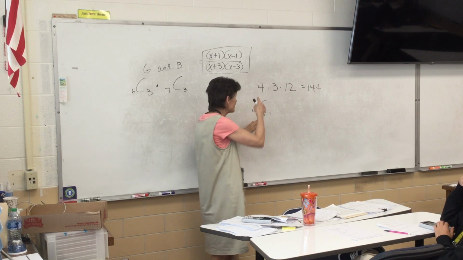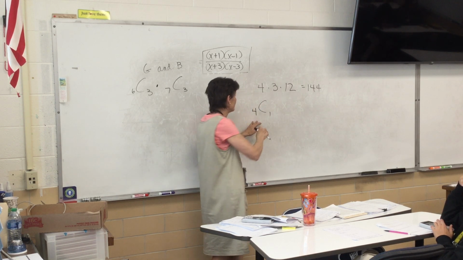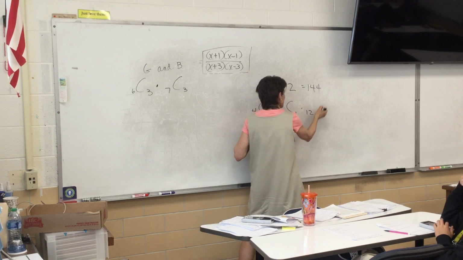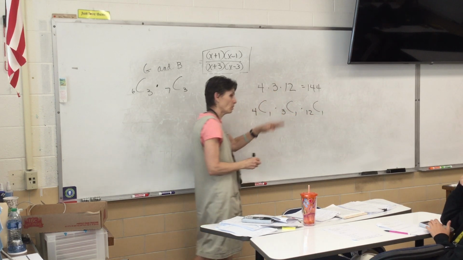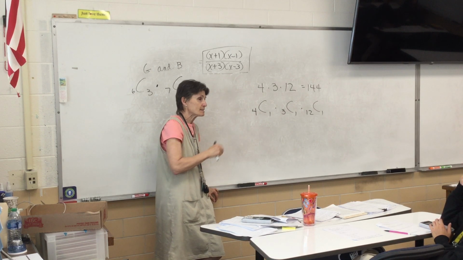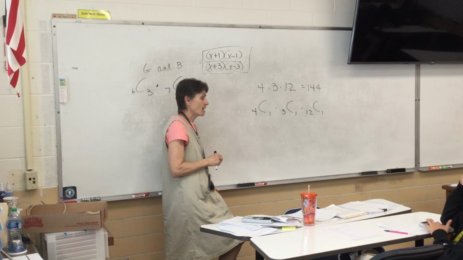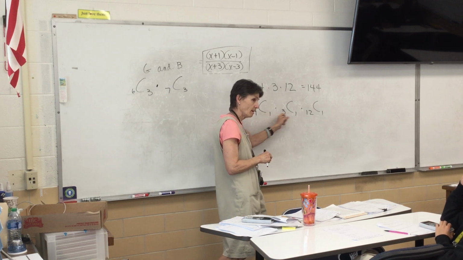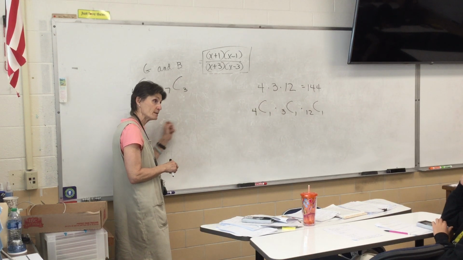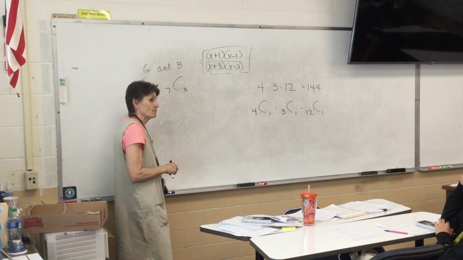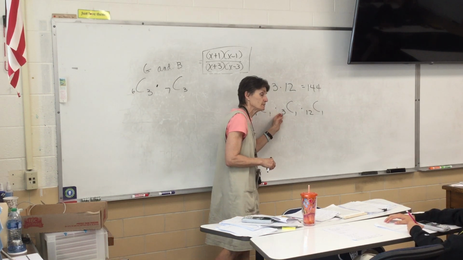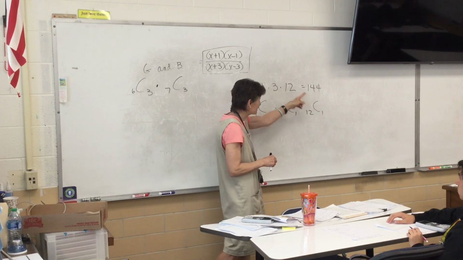So if you want to do this problem like that one, you can: 4C1 times 3C1 times 12C1. That will multiply together and you get 144. It's exactly the same thing, only Alyssa is picking 1 of each group. Over here, you were picking 3 of each group. But if this makes more sense to you, do it this way. It will give you exactly the same answer.